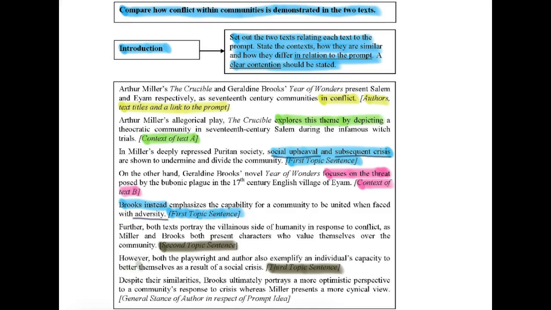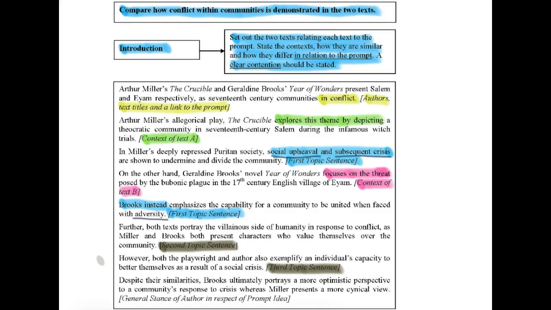Okay, so you can see that within this first paragraph we are laying out the groundwork for the body paragraphs, and it gives you a good overview of how the body paragraphs are going to evolve through the essay.